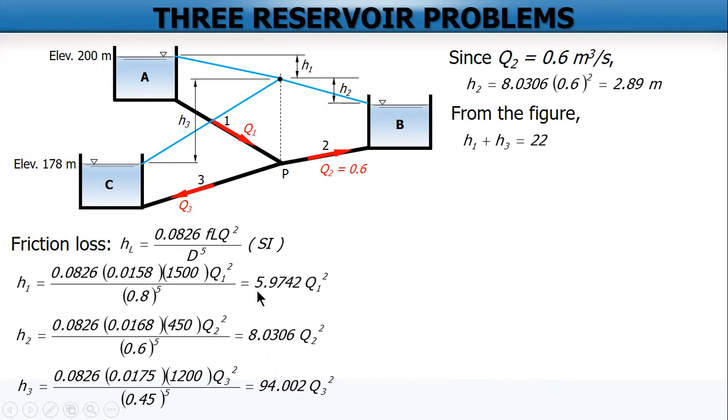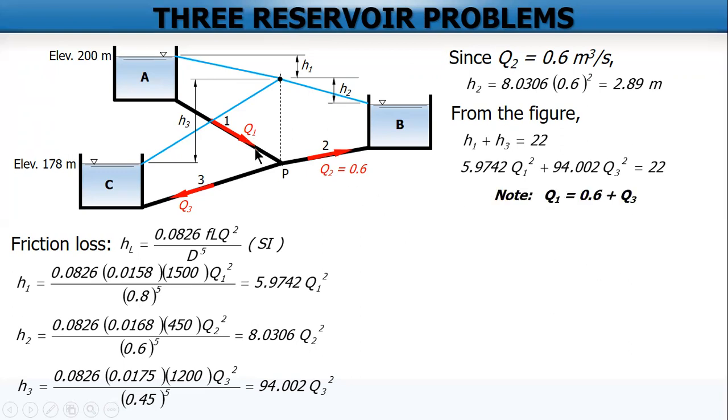And let's replace the expression of H1 and H3 by these expressions. Okay, so we have to announce Q1 and Q3. Ayaw na tayo mo consider ani. Kaya ang equation sa Q1, 2, and 3, inani man.